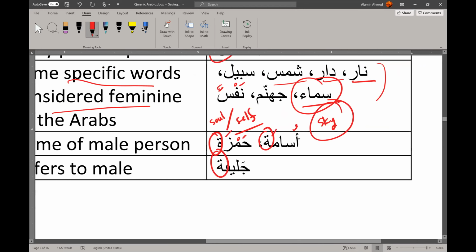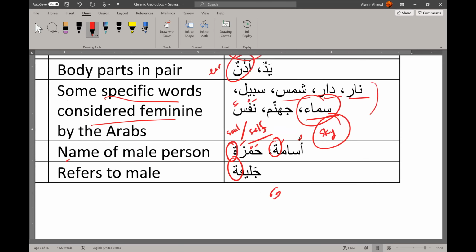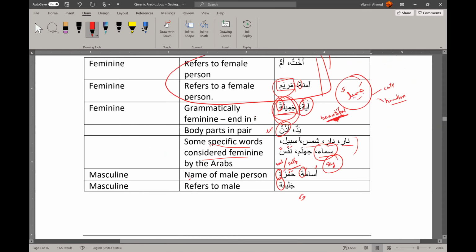When you look at this word, what are you going to put on the tamarbuta? Yes, you can put double tanwin or dhamma: khalifatun. So keep this concept in your mind, inshallah. It will come in handy.